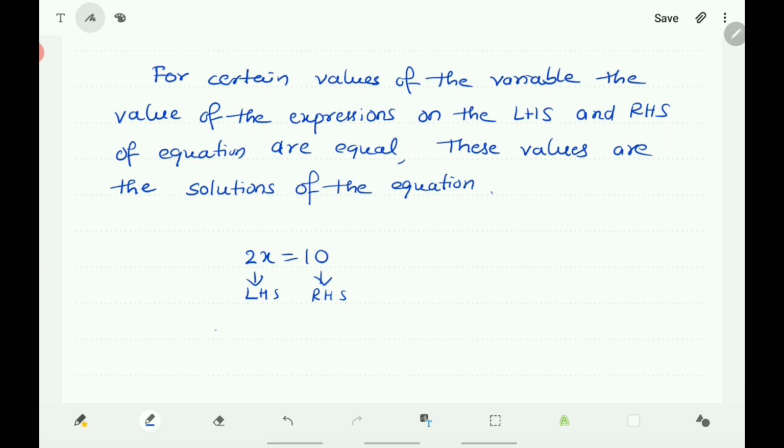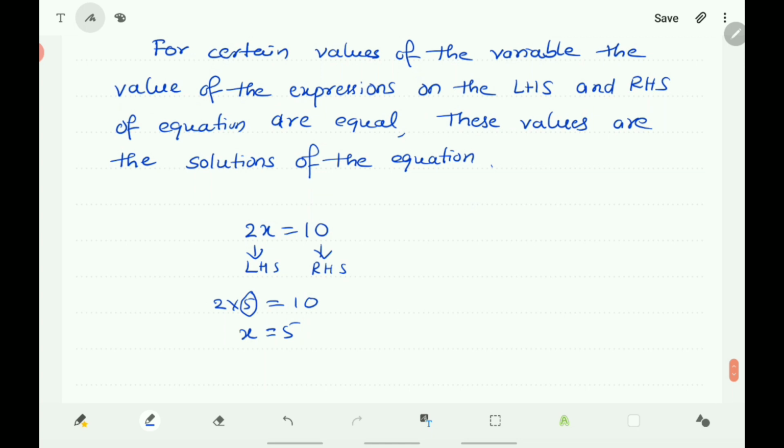You know that 2 into 5 equals 10. Here you got x equals 5, the value of x is 5. If you put x equals 5, then LHS becomes equal to RHS.